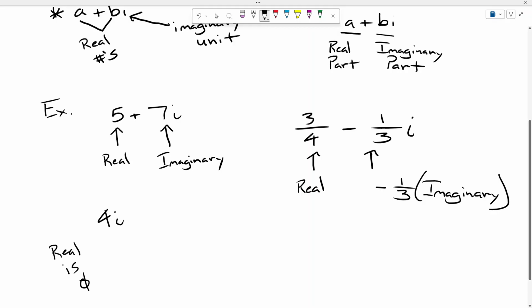The a is not there, so there is no real part, so we would just say the real part is 0. And then the imaginary part would be the 4 in this case. All right, so just so you're able to see it with numbers in a few examples, seeing a complex number in the standard a plus bi form, and then distinguishing the real part from the imaginary part.